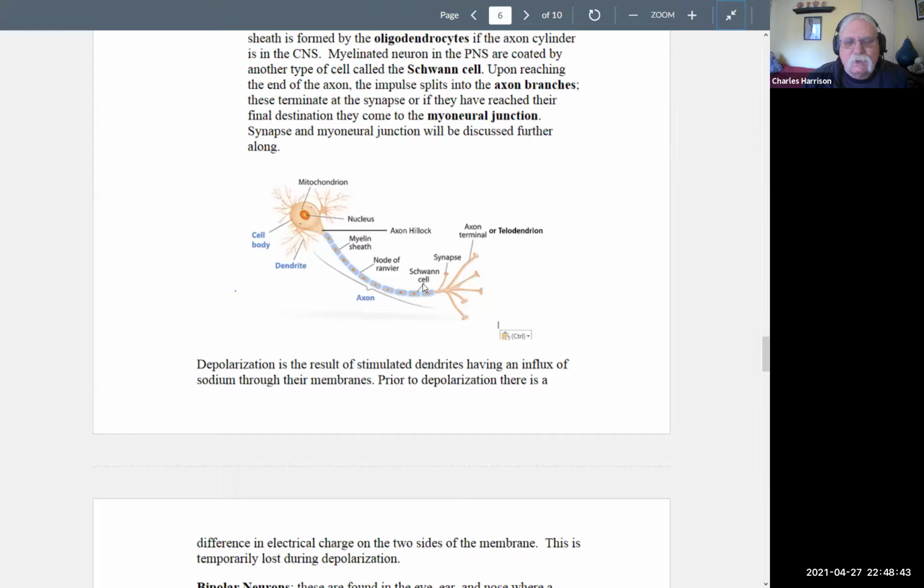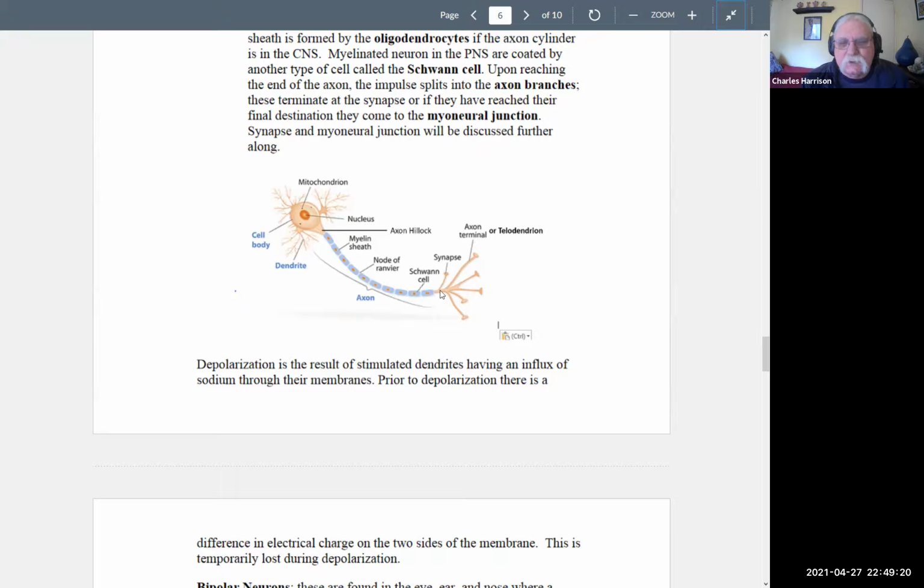The Schwann cells wrap around the axons of neurons that are located in the PNS, the peripheral nervous system. Only in the CNS do we find oligodendrocytes. There are no oligodendrocytes in the PNS. Taking over their duty of forming a myelin sheath is a type of cell called a Schwann cell.